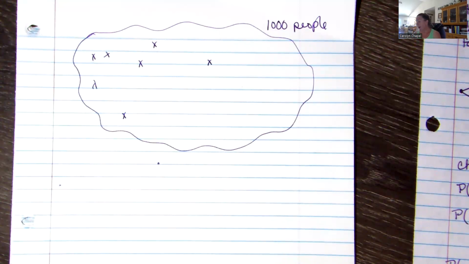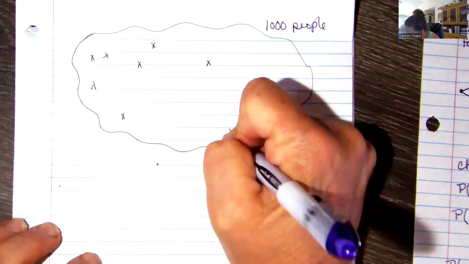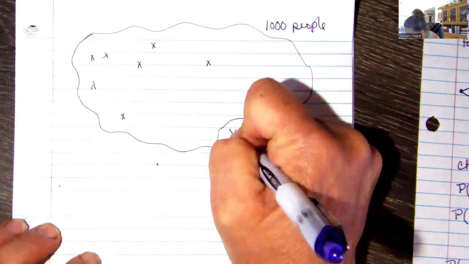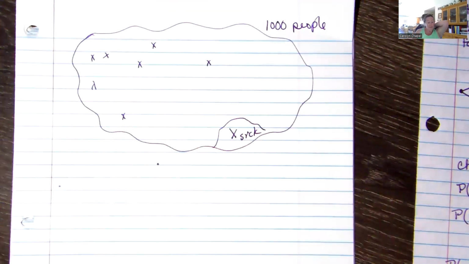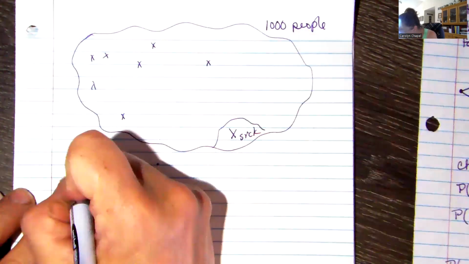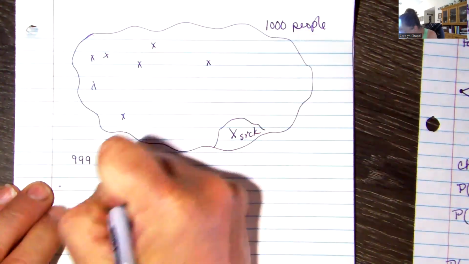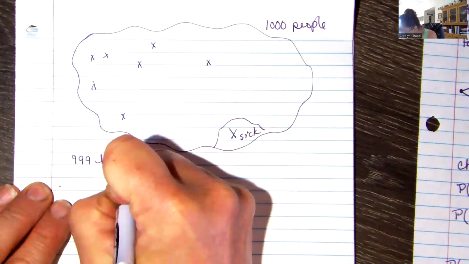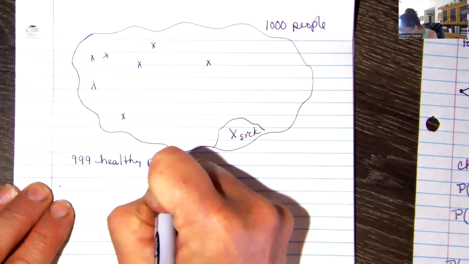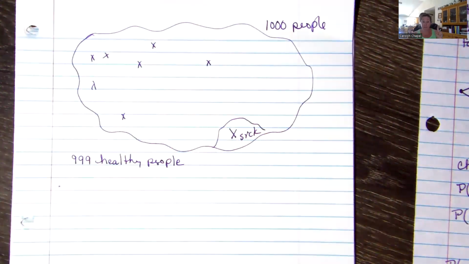But I do know that this disease only affects 1 in 1,000 people. So here is my sick person, and that means I have 999 healthy people. And 1 sick, right? Because this is a 1 out of 1,000 chance that you're going to be sick. So we have 999 healthy people.